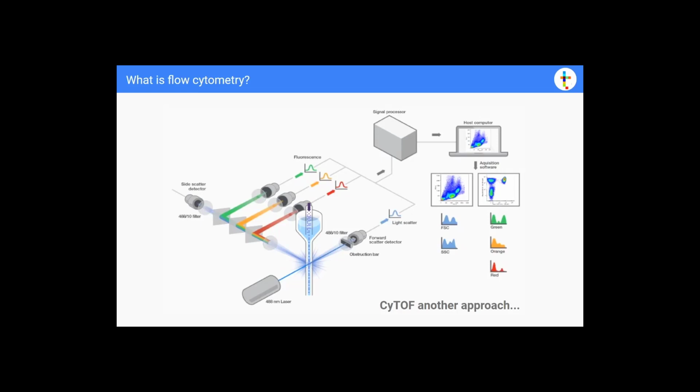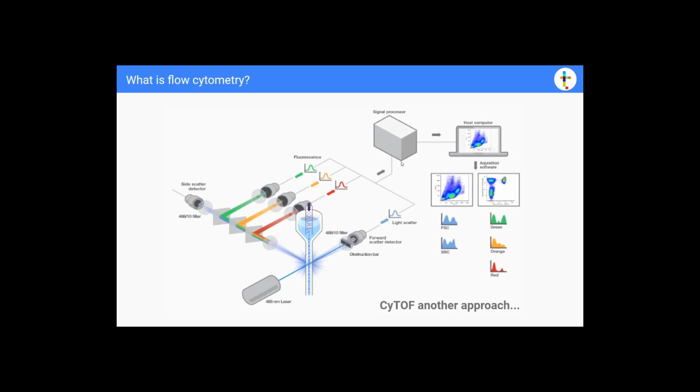And as the cell goes past the detector, you can detect characteristics of the shape and or density of these cells, but also what kind of markers or antibodies, when you fixated your antibodies, what kind of markers were on the surface. And these detectors at the back here are the ones who pick up these excitations of these fluorochromes that connected to the antibodies. So basically, you're getting a readout of the markers that are on the surface.